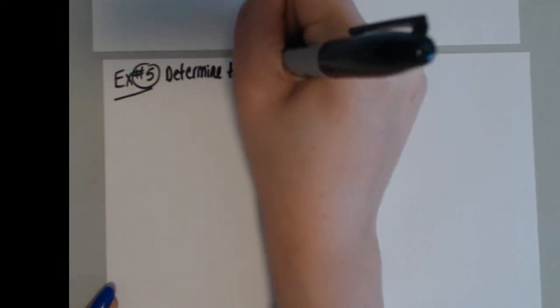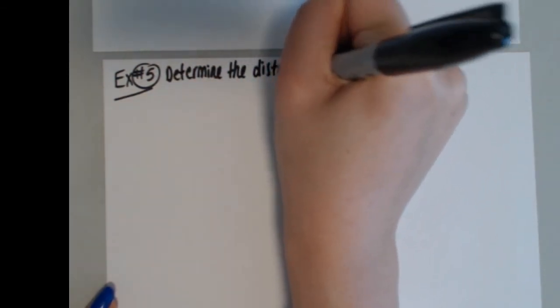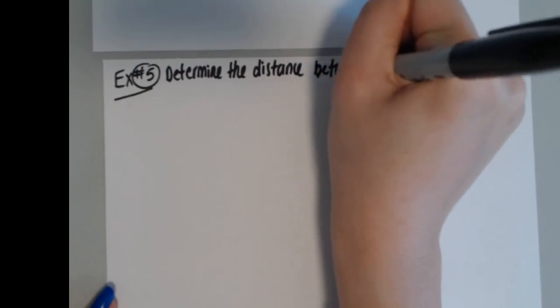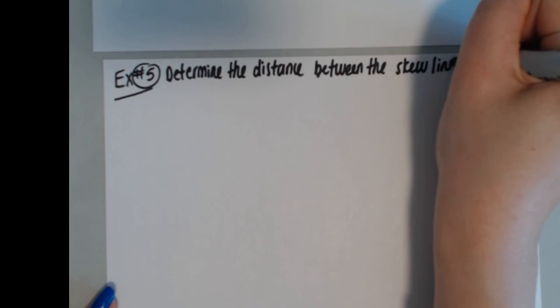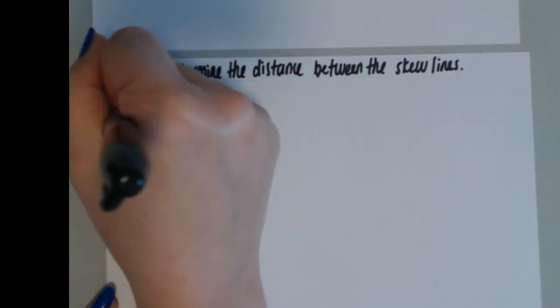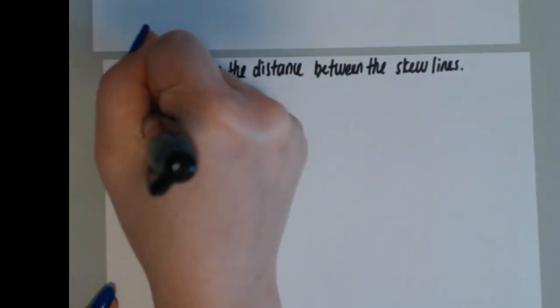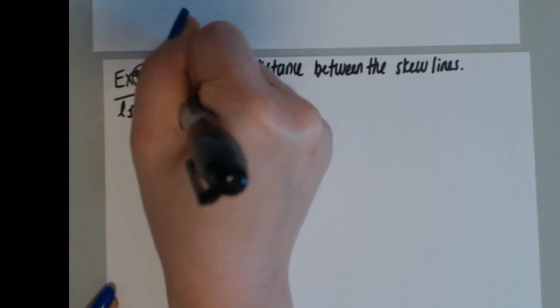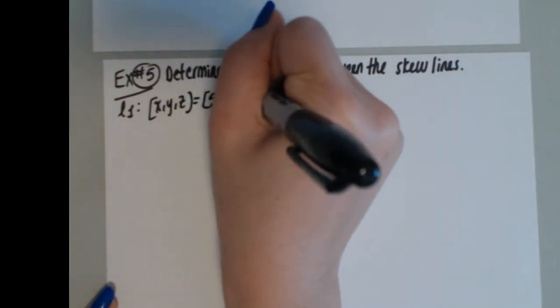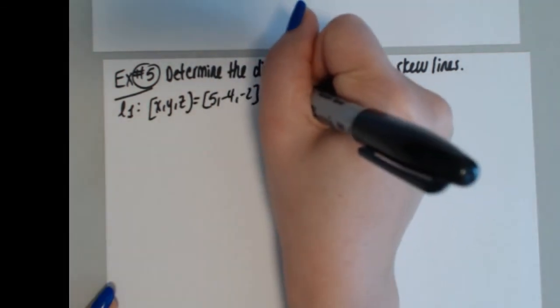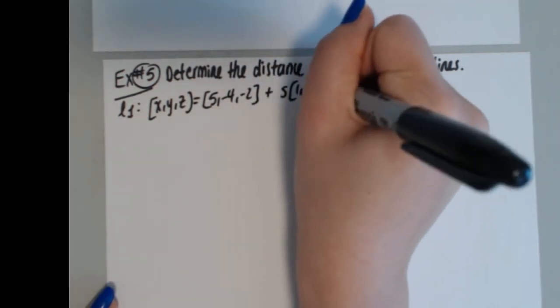Determine the distance between the skew lines. Okay. So L1, we have x, y, z is equal to 5, -4, -2 plus s times 1, 2, 3.